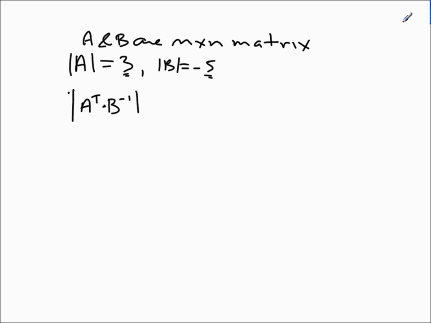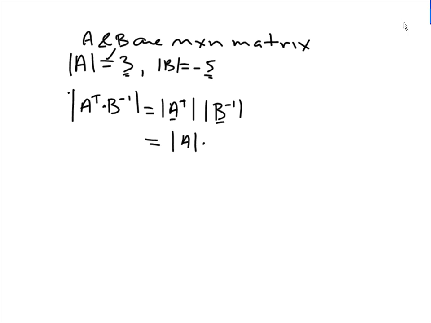first thing I would say is, well, I only know the determinant of A and the determinant of B. Let me break this up: the determinant of A transpose times the determinant of B inverse. At least now I have A and B separate. And then you say, oh yeah, the determinant of A transpose is just the determinant of A, which is good. I know that.